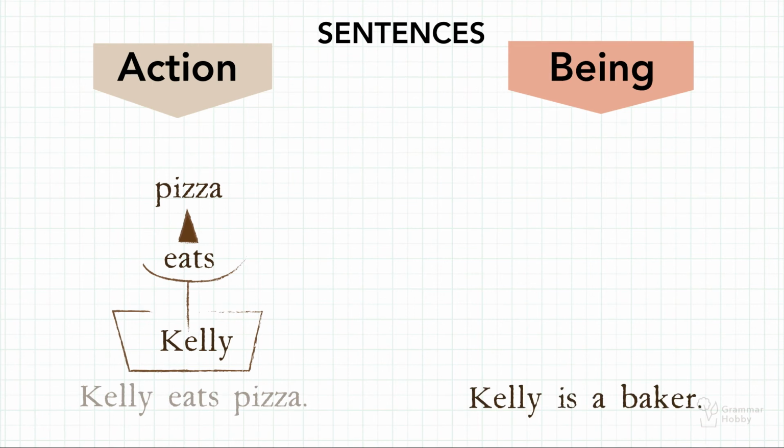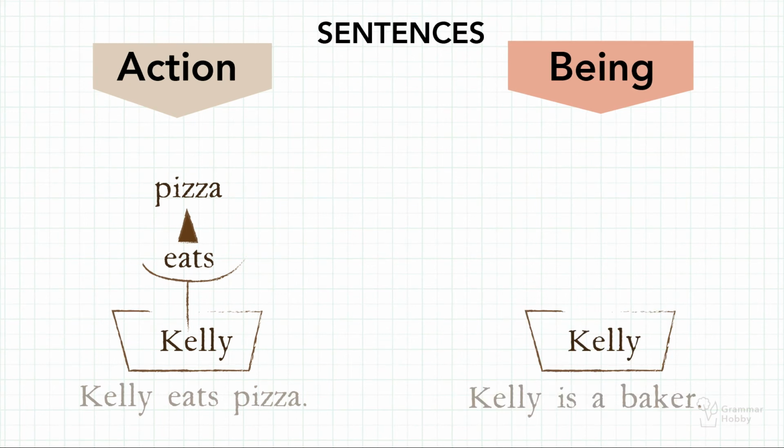For being sentences, here is an example to show the subject's being. Kelly is a baker. Pause the video to copy the drawing. Here, notice how the equal sign points to the being of the subject, baker.